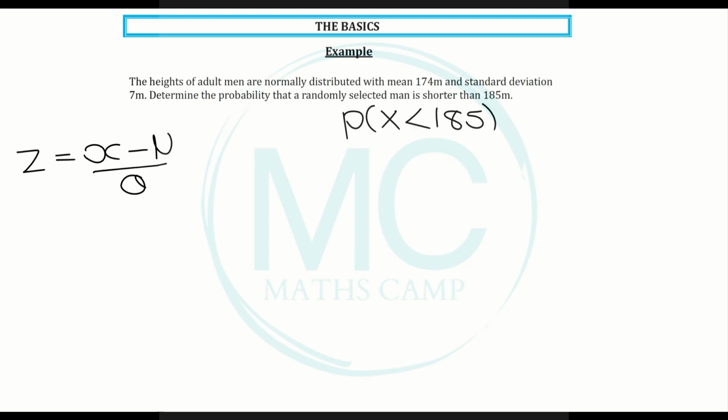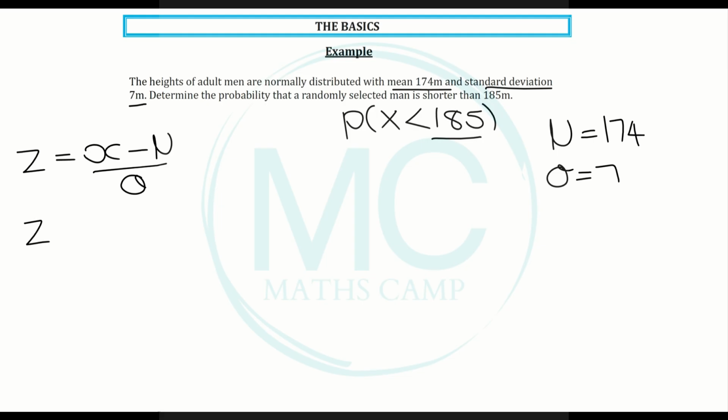The question tells us that the mean is 174 meters. This is our value for mu. So let's make a note of this. Mu is equal to 174. The standard deviation is 7. So sigma is equal to 7. And we know that our x value is 185.